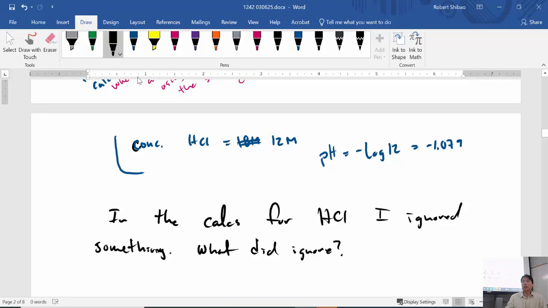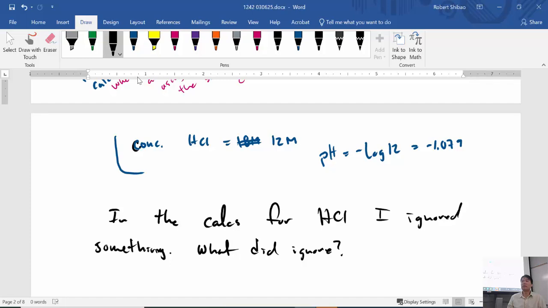Yeah, I ignored the chloride, but chloride is the conjugate base of a strong acid, and one of the rules that a lot of students memorize is that the conjugate bases of strong acids are too weak to be basic. Chloride, bromide, iodide, those bases are too weak to be basic, and so we don't consider those. I ignored that because chloride is so weak as a base, it's fair to ignore.